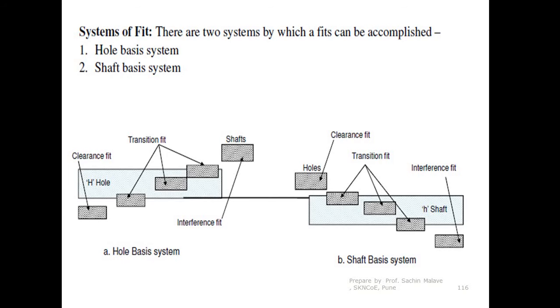So the rectangle in bluish shows the size of the shaft which is kept constant, and now there are various fits, that is a clearance fit. Here the size of the hole is larger than the size of the shaft, clearance fit. Then this is the transition fit. And this is the interference fit. Here this is the size of the hole which is less than the size of the shaft. That's why it is an interference fit.